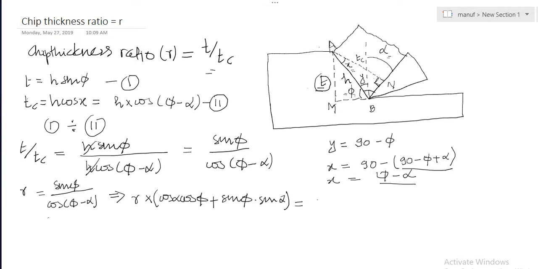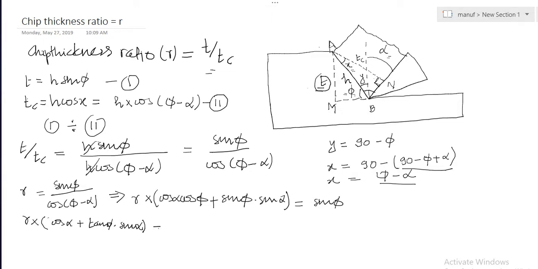We divide the whole equation by cos phi. So r into cos alpha, because cos phi divided by cos phi equals 1, plus tan phi into sin alpha, equals tan phi.